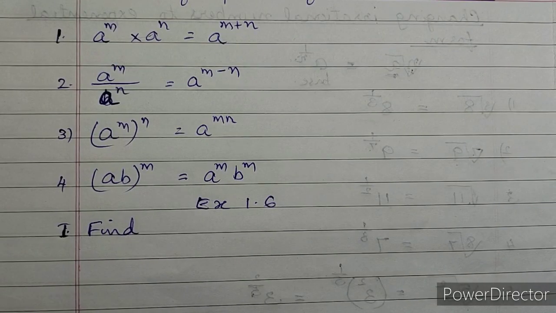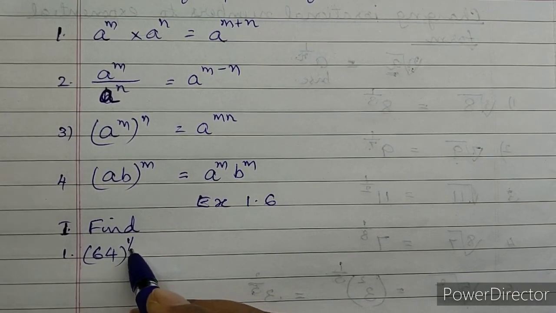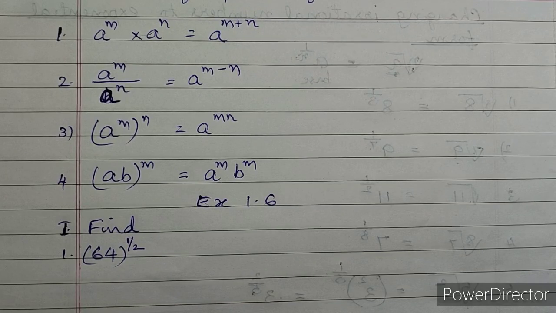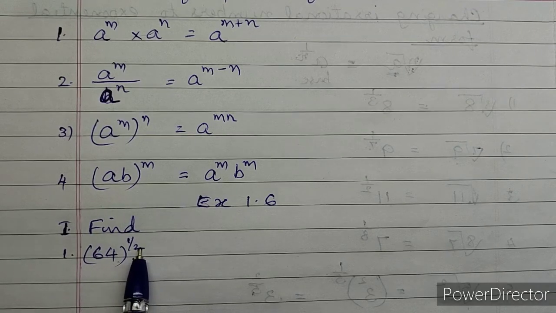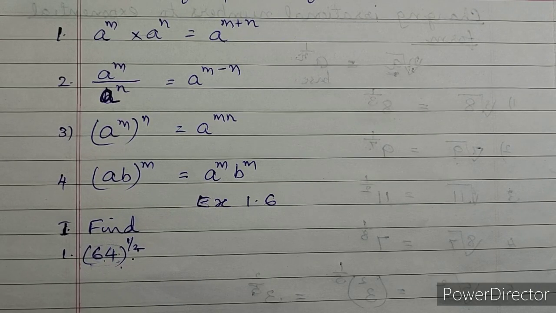Find the first one, 64 to the power of 1 by 2. By using laws of exponents you have to simplify it. So here the denominator of the exponent is 2. So the base is 64, and you have to change it so that the exponent is 2.